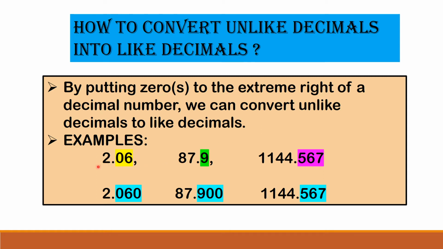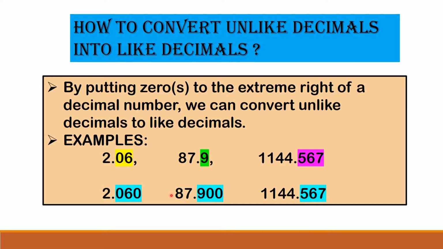The first one, 2.06, has two decimal places. You will just put a 0 to the extreme right of the number, so it will become 2.060. Now you can see this has changed to three decimal places. The second number is 87.9. This has one decimal place. So how to convert? You have to put two zeros to the extreme right, so 87.900.